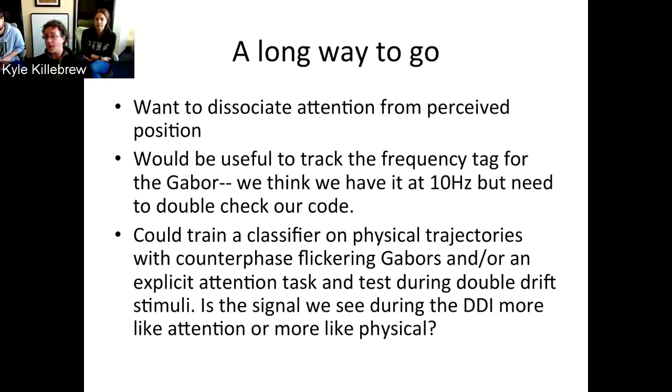And you could train a classifier on these physical and attentive conditions and then test during the double drift stimulus. And you ask, is the distribution of these frequency tags, either for the Gabor or the background, more like the attentional signals that we see or more like the physical signals?